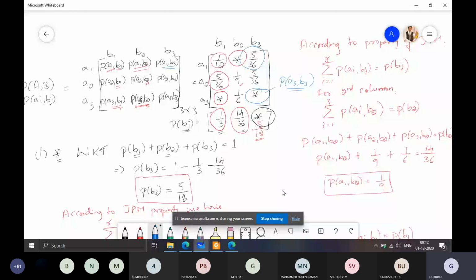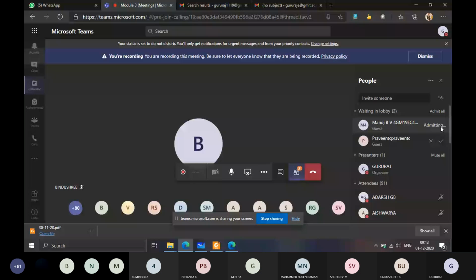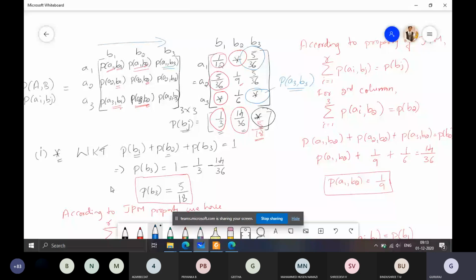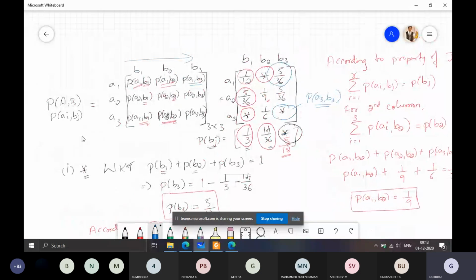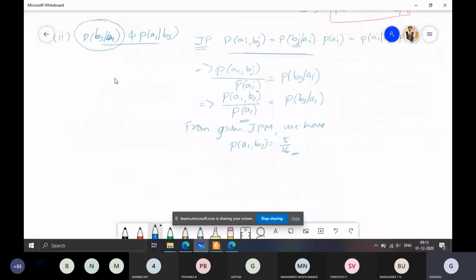So row wise you have to take the summation. Which probability do we have to find out now? P of A1. To find P of A1, you have to take the sum of the first row elements, then you will get the probability of the first input symbol, that is A1.